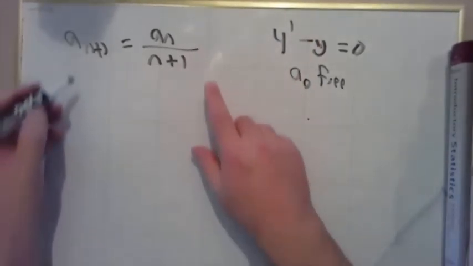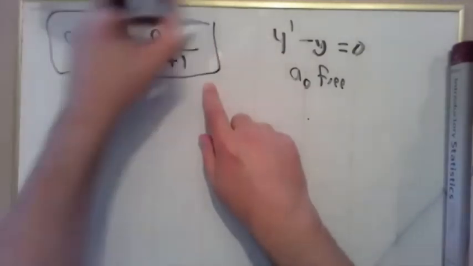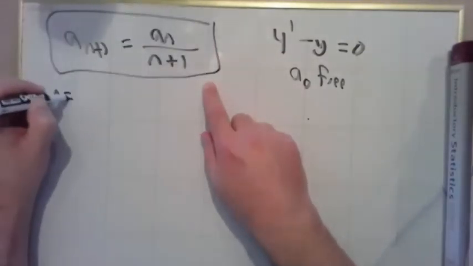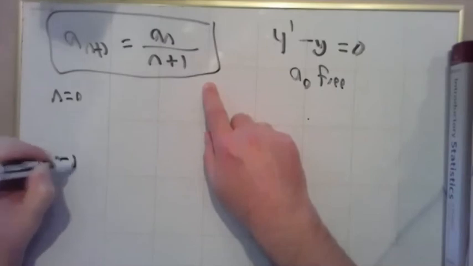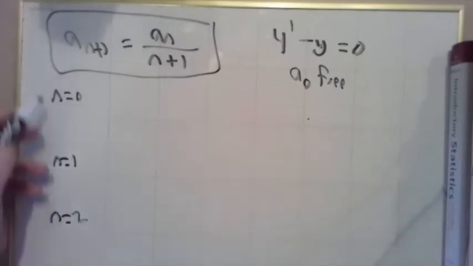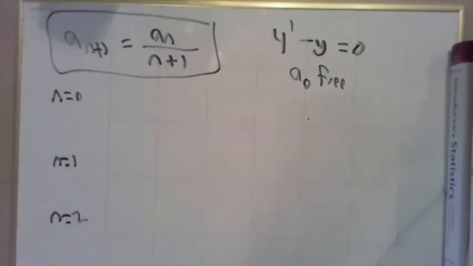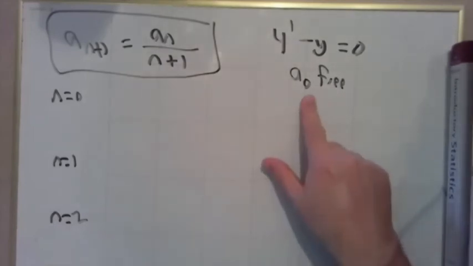Right, now I'm going to use this formula, start plugging in values for n equals 0, n equals 1. Start plugging in values for n to find successive a's. So a naught is free.